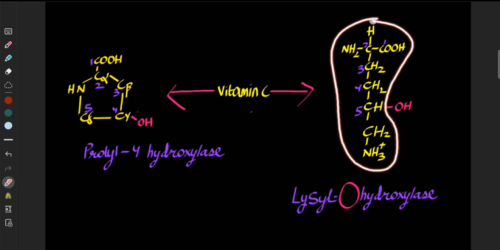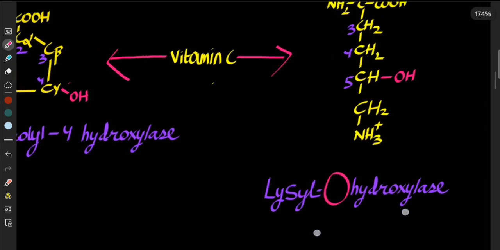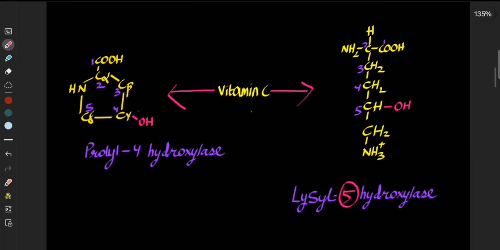And if, at the fifth position, lysyl hydroxylase adds a hydroxyl group, then it will be termed hydroxylysine, right? We just have to remember that whenever at the fourth position of proline a hydroxyl group is added, it is known as hydroxyproline, and at the fifth position of lysine, if a hydroxyl group is added, it is known as hydroxylysine.